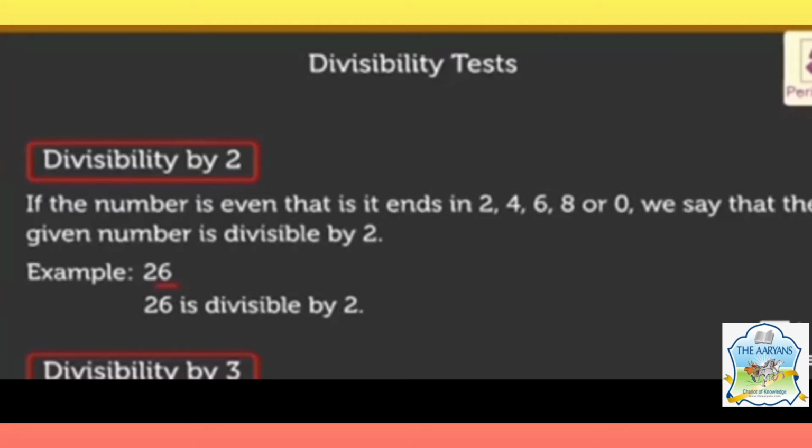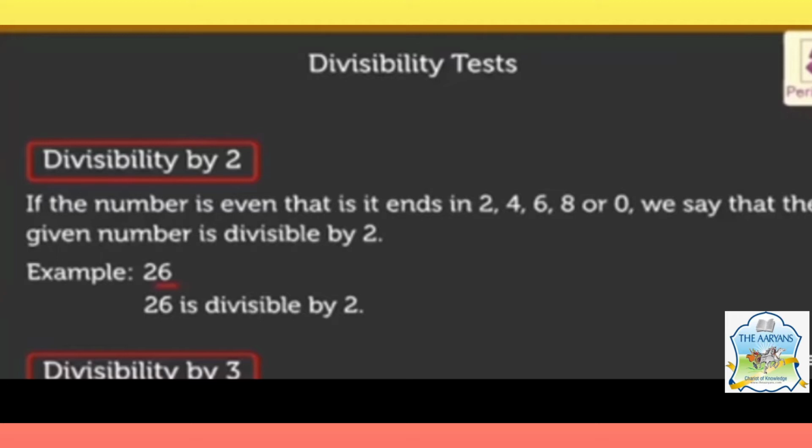If the number is even, that is, it ends in 2, 4, 6, 8 or 0, we say that the given number is divisible by 2. If any number ends with an even number, then we can say that number is divisible by 2.